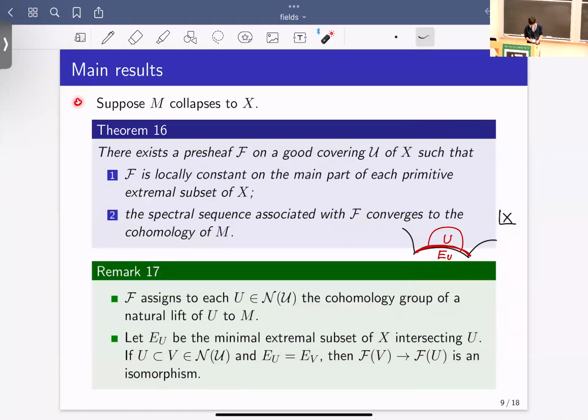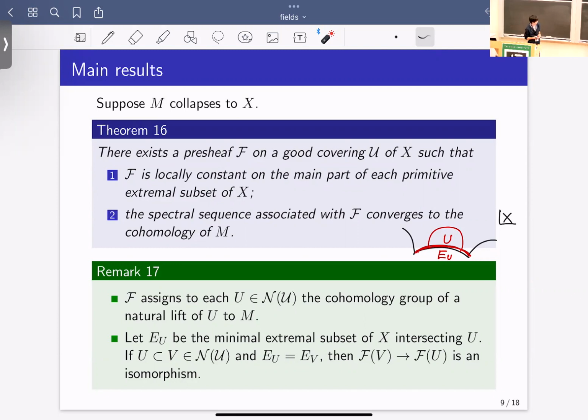Suppose M collapses to X. Then there exists a presheaf F on a good covering U of X such that F is locally constant on the main part of a primitive extremal subset of X. Also the spectral sequence associated with F converges to the cohomology of M, where we fix a coefficient field. Let me explain the meaning of this theorem.